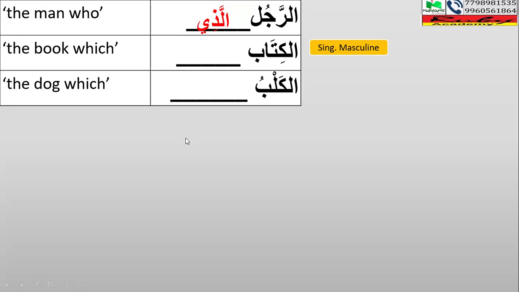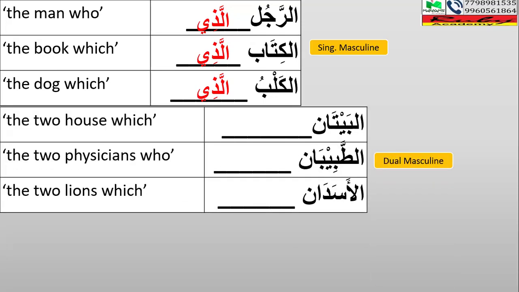Al-kitabu, again allazi. Kitabu is singular masculine, so we use singular masculine. The rule is only for the non-human plural masculine and feminine. The dog which, this is the singular masculine, so again, allazi.